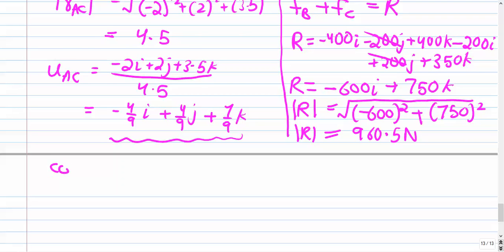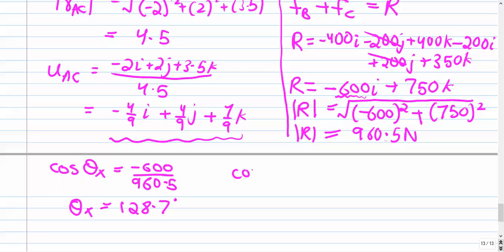So we will use the coordinate direction angle formula. Cos theta x would be equal to the component in the x direction, which is negative 600, divided by the magnitude of the resultant force, and that magnitude is 960.5. Solving for theta x, we get 128.7 degrees.